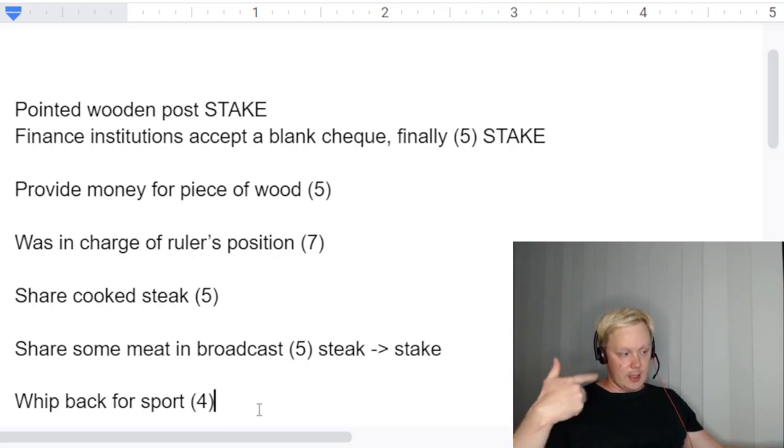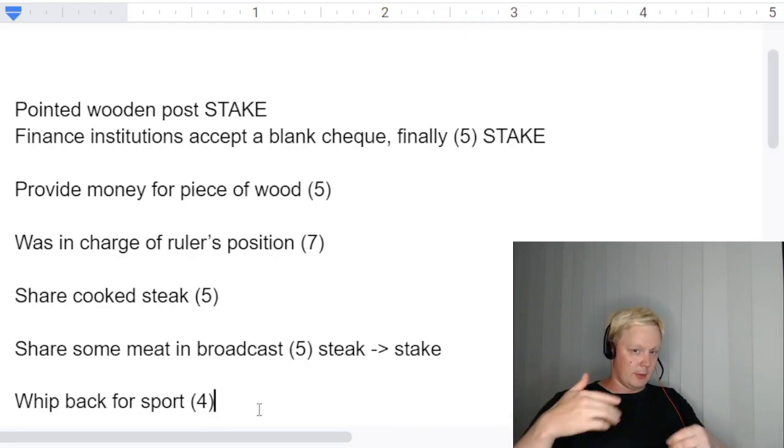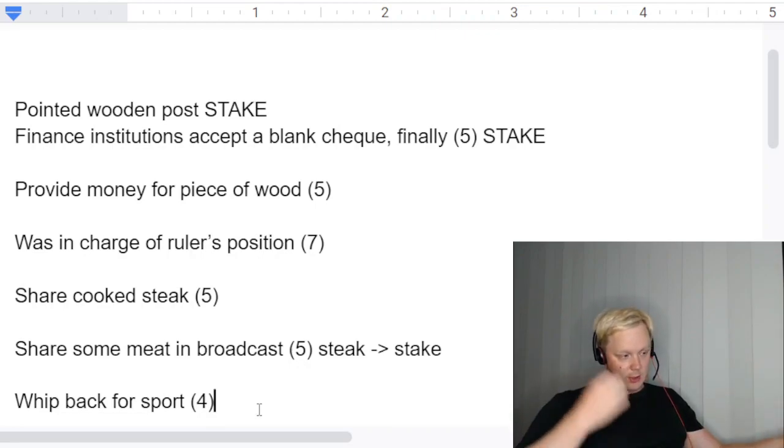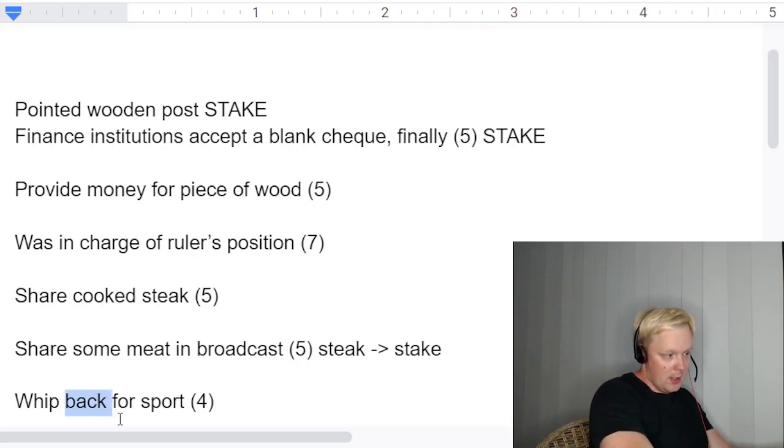So anything that indicates direction, like the reverse direction that you would normally use. Here, back basically means you have to take a word that means whip, and for is a connector. You can use a connector like for between the wordplay and the definition, so that indicates that this is going to be the definition.